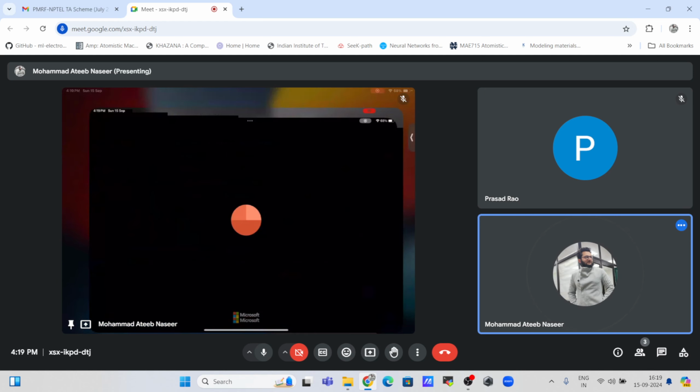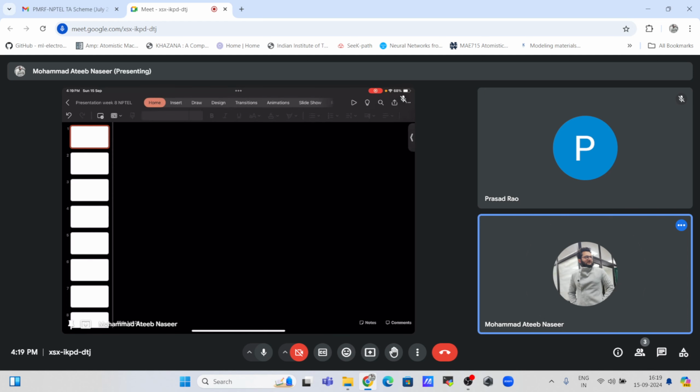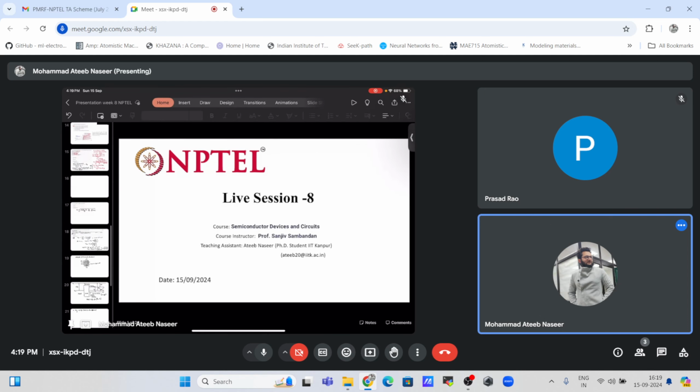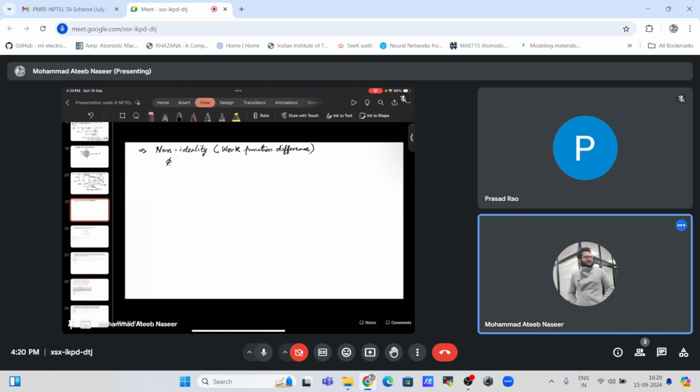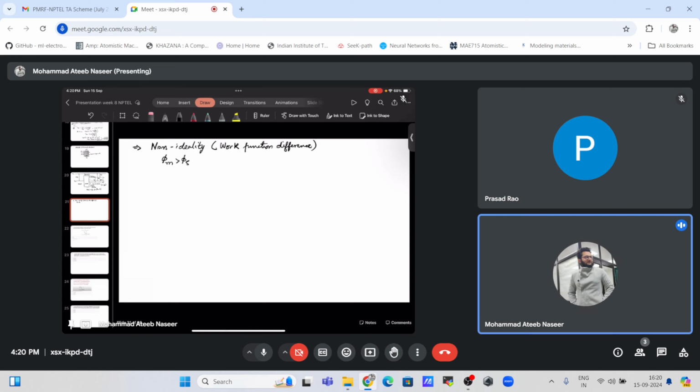So for phi m greater than phi s, there will be a transfer of electrons from the semiconductor to the metal side. Ideally that should happen, because we want to equilibrate the system. We have to have the same Fermi level throughout.